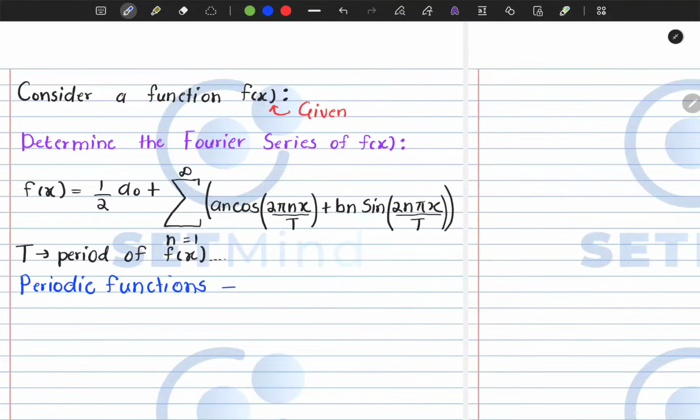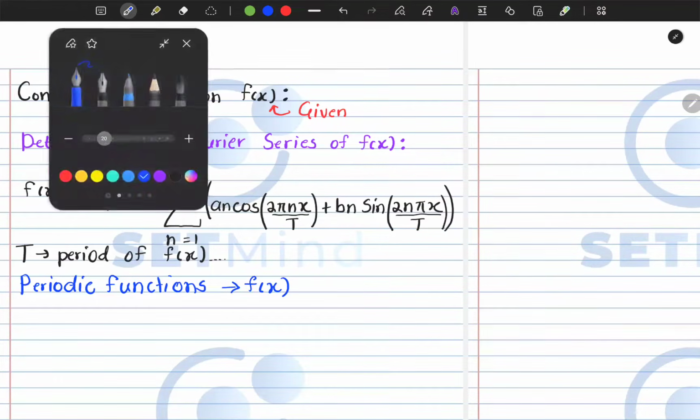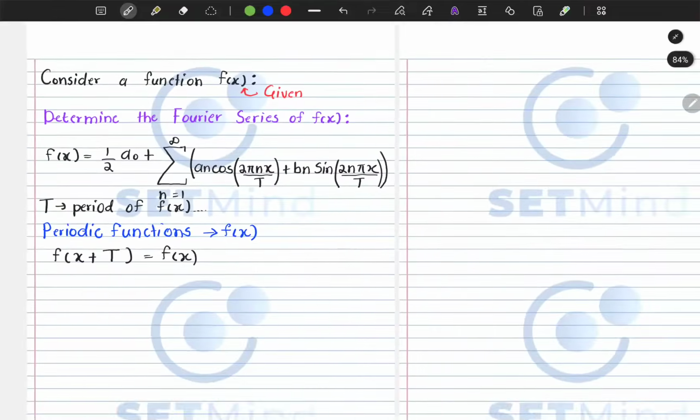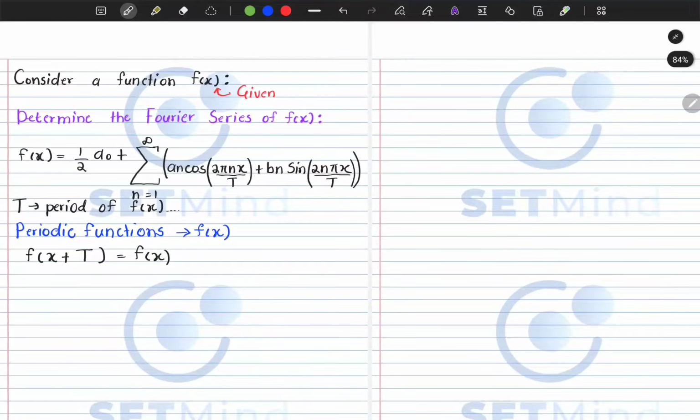Meaning whatever f of x we will be given will be a function that is periodic. What does that mean? A periodic function is a function which, if we take as an example f of x and then we add T, gives us the same value as f of x. That is what we will call a periodic function.